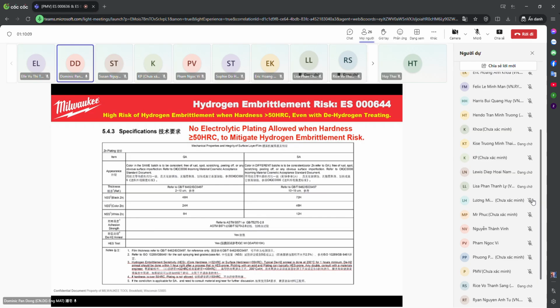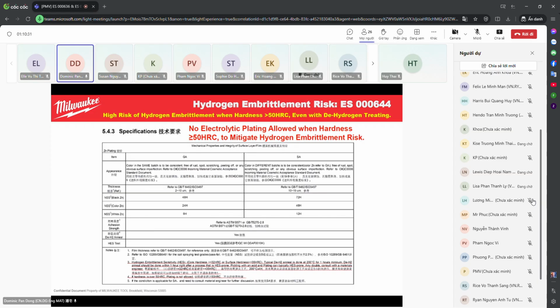So in our ES standard, in surface treatment, we have a very clear requirement. Any steel parts with martensite or ferrite structure, for stainless steel, if austenite, there's no concern about that.